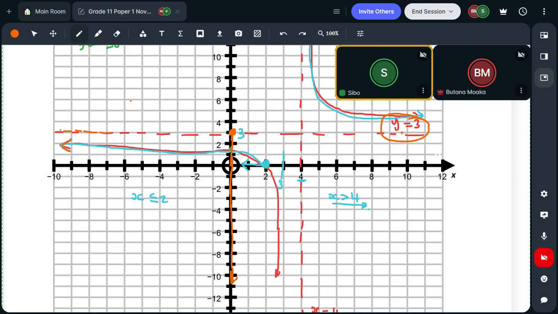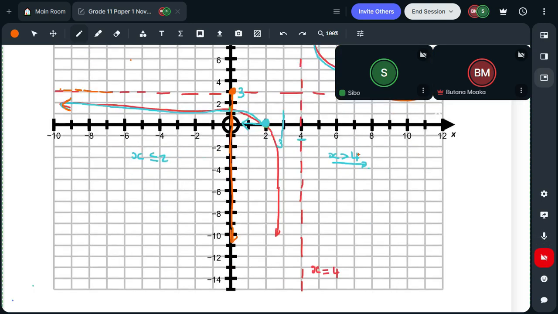Okay, let me say this again. They are looking for the values of x, where the y values are less than or equal to 3.